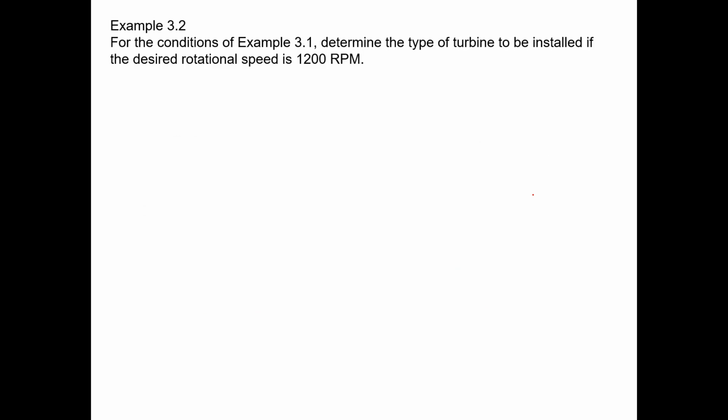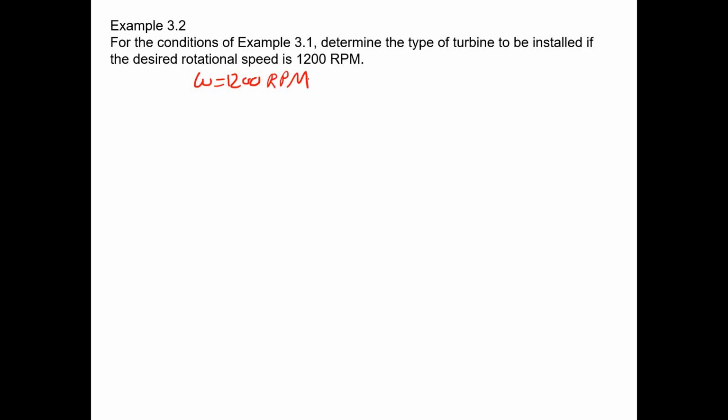So what I say we should do is just go ahead and do a quick example problem here. In this example problem, we're asked that for the conditions in the prior example problem that we went through, where we analyzed the penstock, determine the type of turbine to be installed if the desired rotational speed is 1200 RPM.